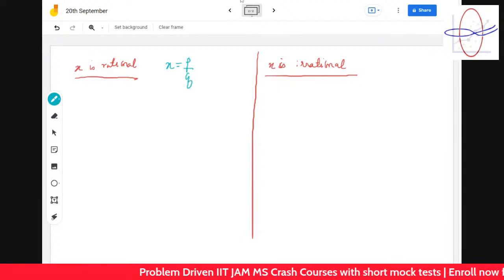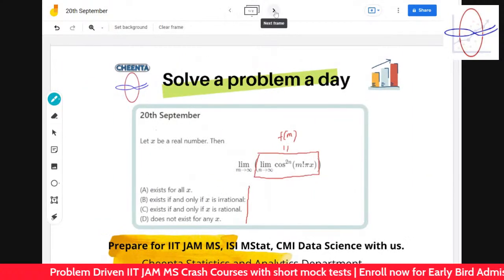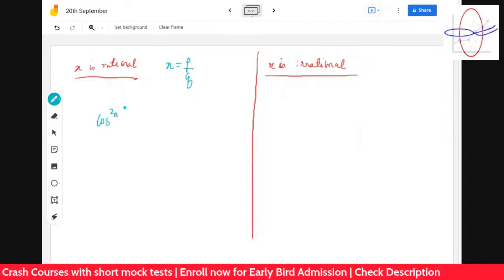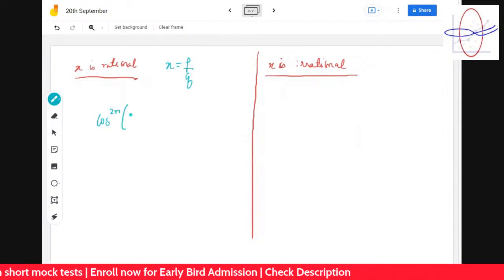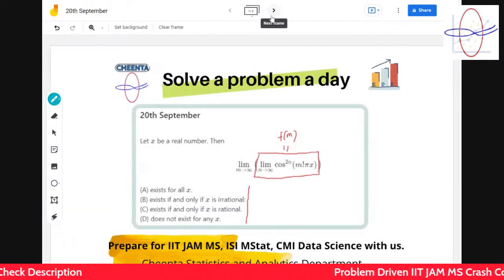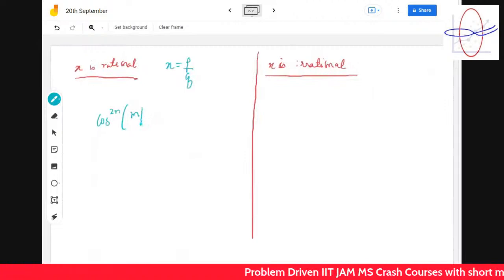Okay, so let's understand something. We need to find the limit as n tends to infinity of cos 2n, whole to the power m factorial pi x, so m factorial pi p by q.